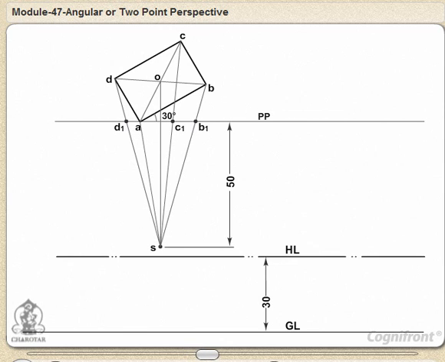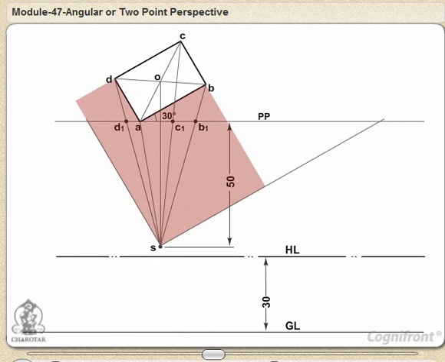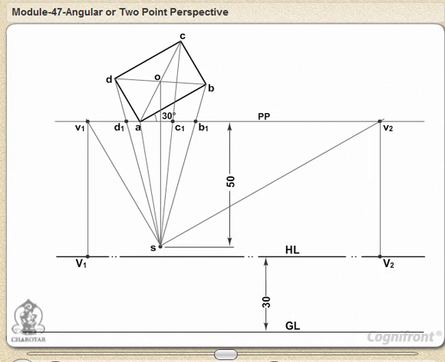Through S, draw lines parallel to AD and AB, cutting PP at points V1 and V2 respectively. Project V1 to V1' and V2 to V2' on HL. V1' and V2' are the vanishing points.